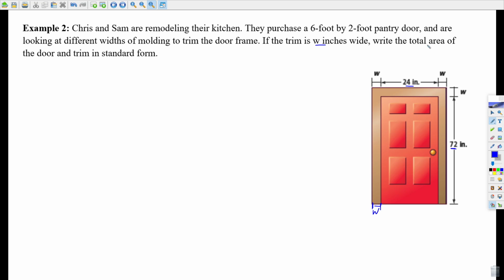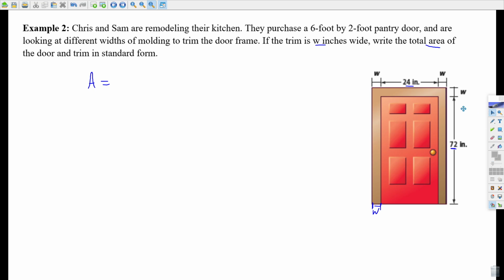We're going to write the total area of the door and the trim in standard form. So we're going to find the entire area of this whole thing, right? We want to find all this area, including the trim. So how do we do that? Well, first you need to figure out what in the world do we use for area. You have to remember that there's a formula for area specifically of this shape.